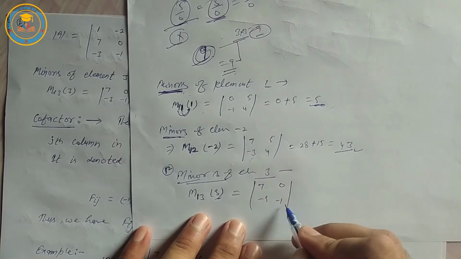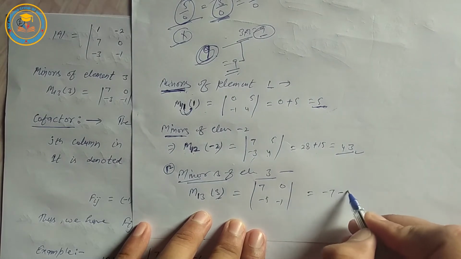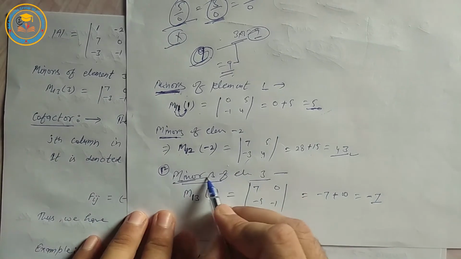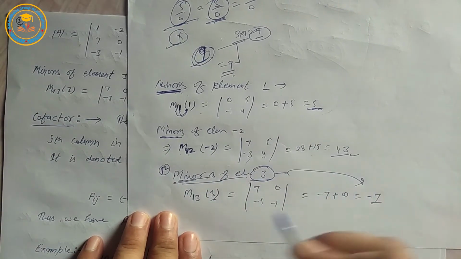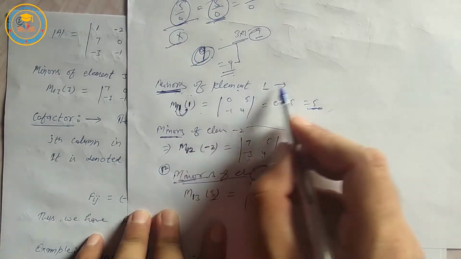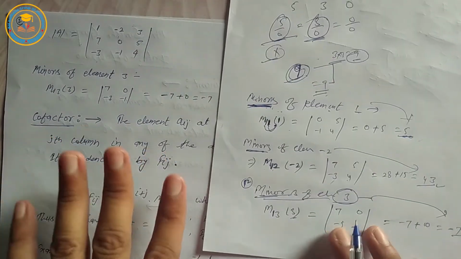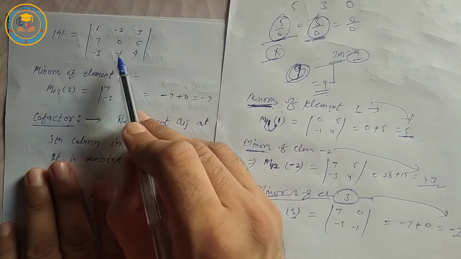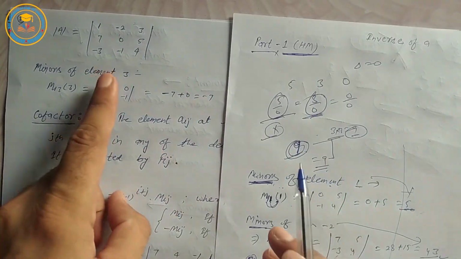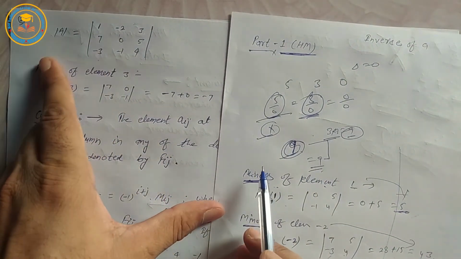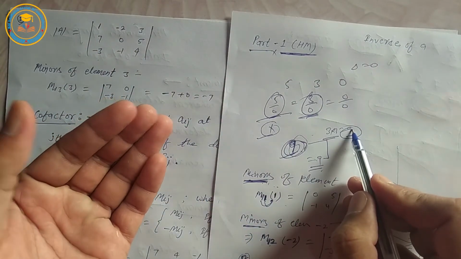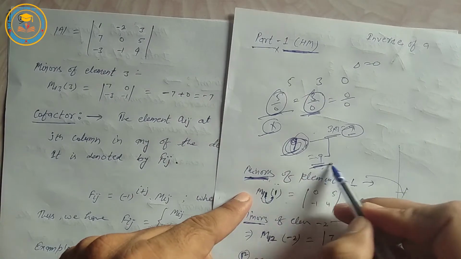That is minus 7 minus plus 0, which is equal to minus 7. Minor of element 3 is equal to minus 7. Minor of element minus 2 is equal to 43. Minor of element 1 is equal to 5. Numbers of elements in determinant A is 9, and number of minors in determinant A is equal to 9. Same.